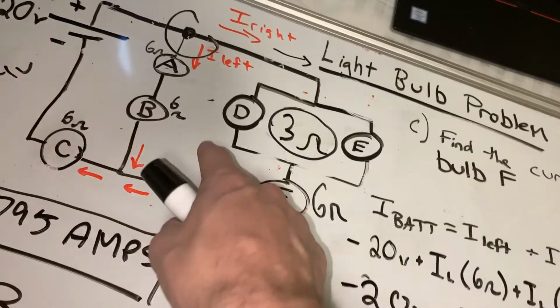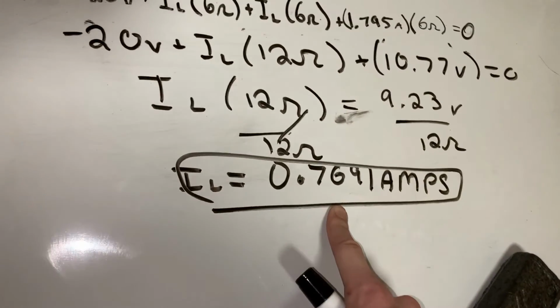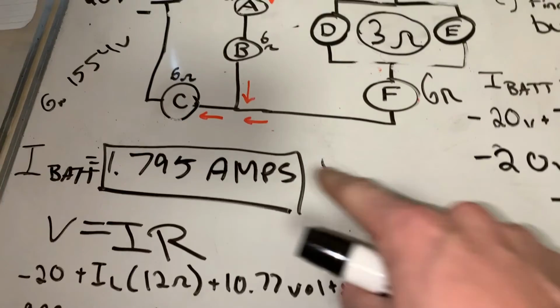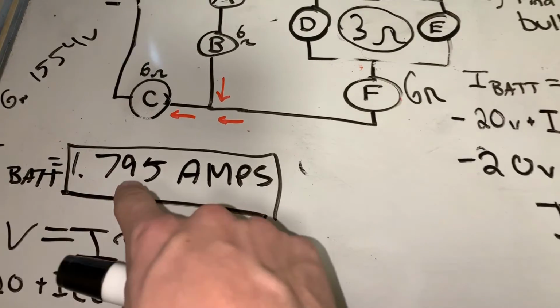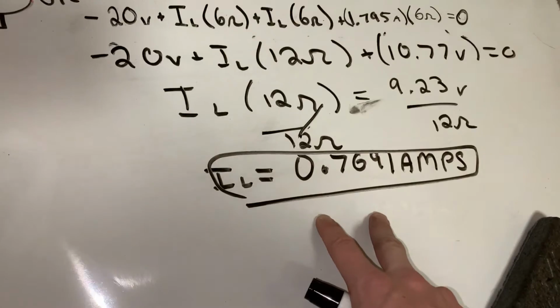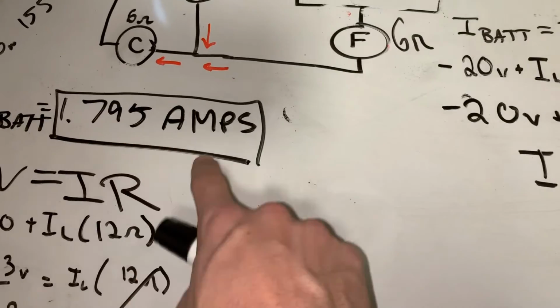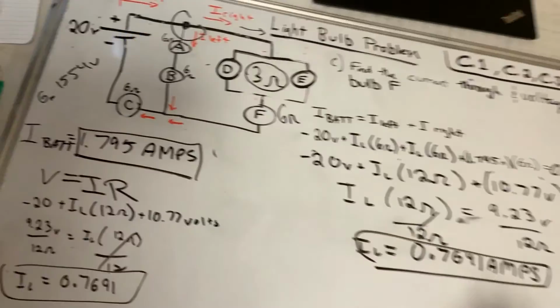So we just solved for I left and we got 0.7691, and the total battery current is this. So I left is less than 50% of the total current. So we know we did that right earlier.